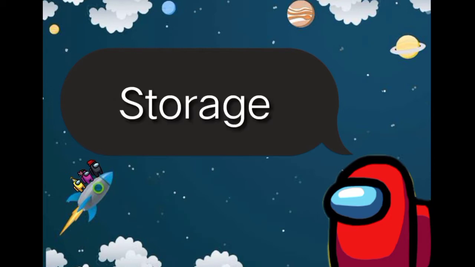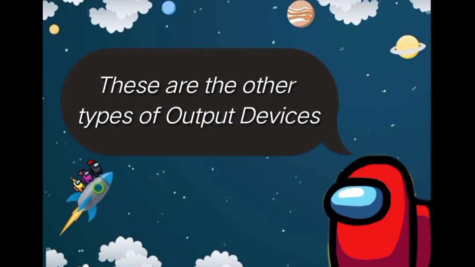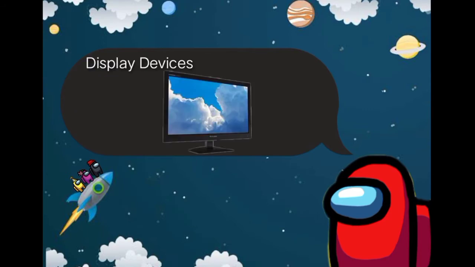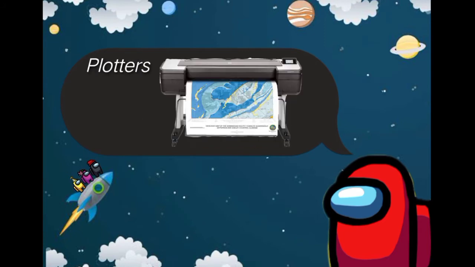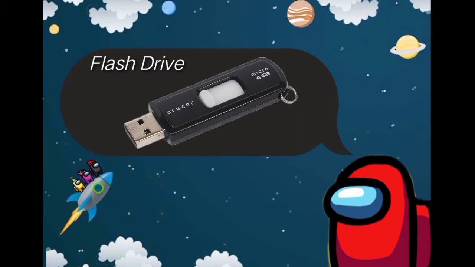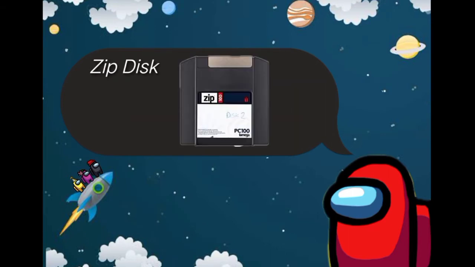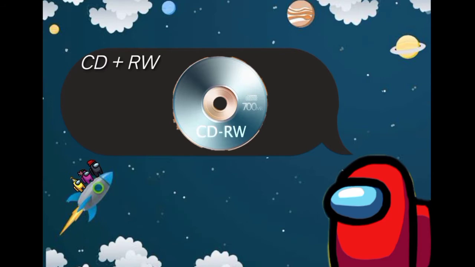Storage. We need storage to store other data. These are the other types of output devices: display devices, printers, plotters, speakers, flash drive, floppy disk, zip disk, CD-RW.